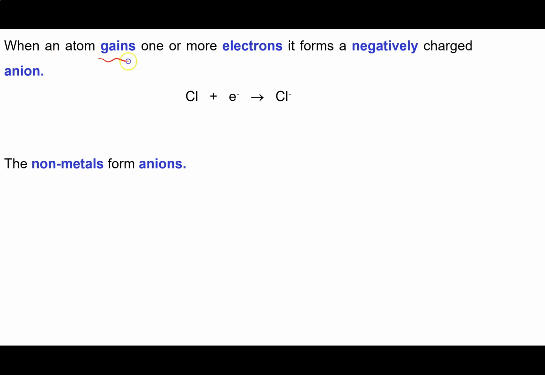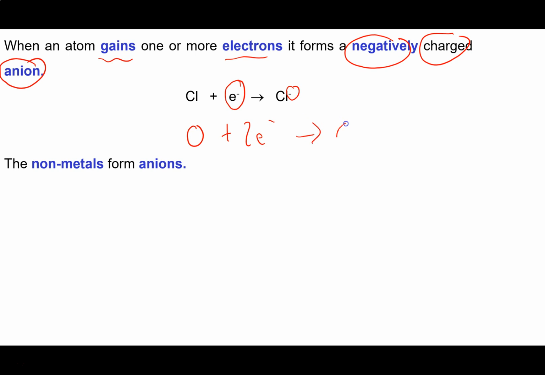Now, when an atom gains one or more electrons, it forms a negatively charged species that we call an anion. And what you have to recognize is that for every electron gained, we get a 1 negative charge. So if I take an oxygen atom and add 2 electrons to it, I form an ion with a 2 negative charge. If I take a phosphorus atom and add 3 electrons to it, I form an ion with a 3 negative charge.